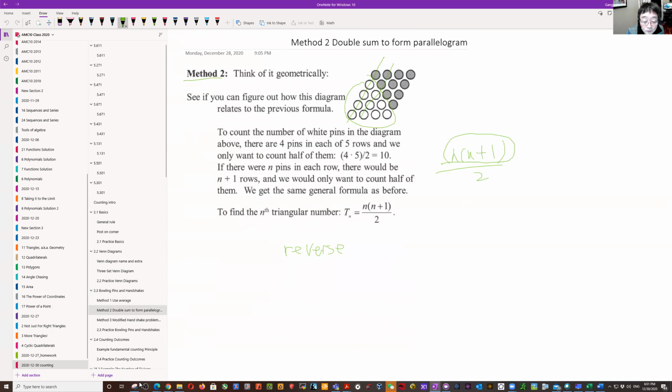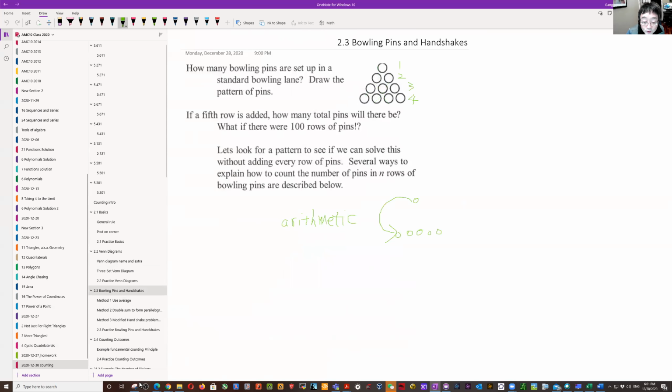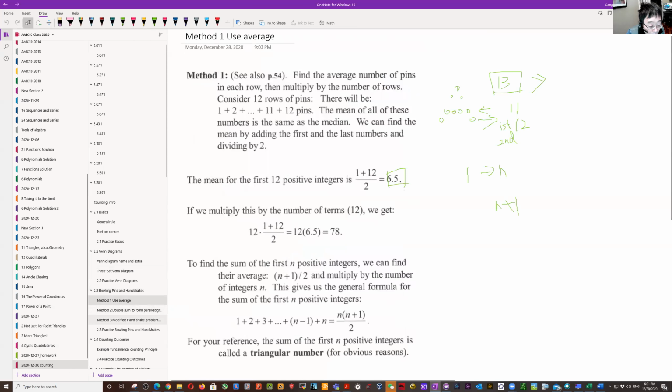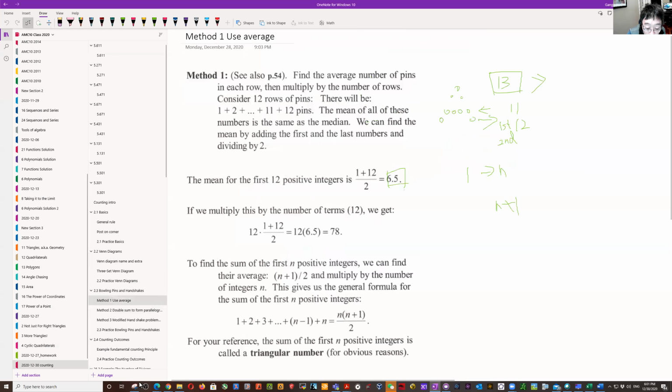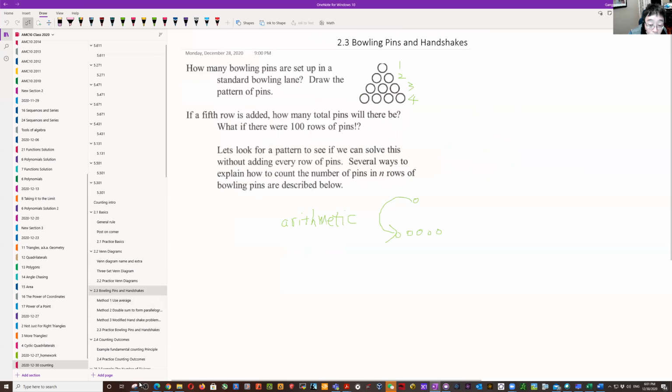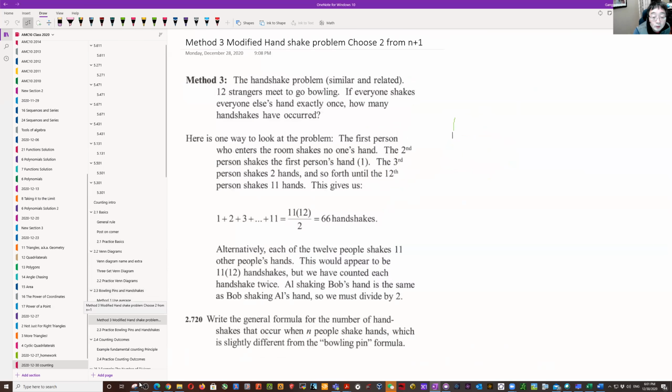So if it's 12 pins, it's just 12 strangers, and the first one can do 11 handshakes.